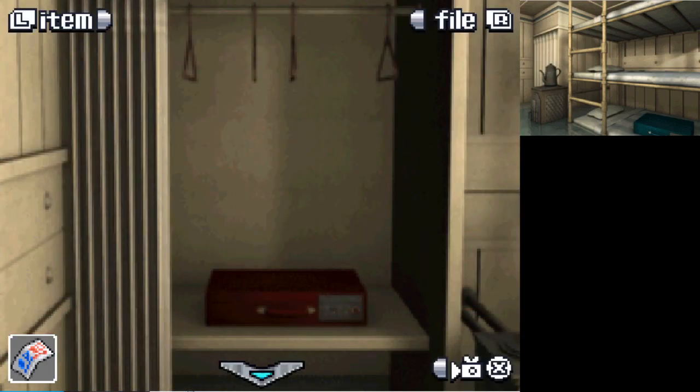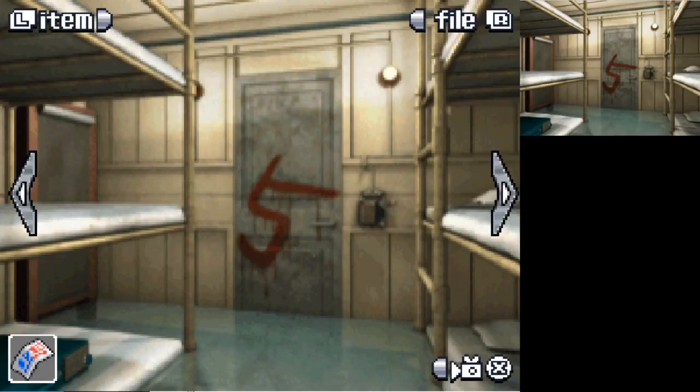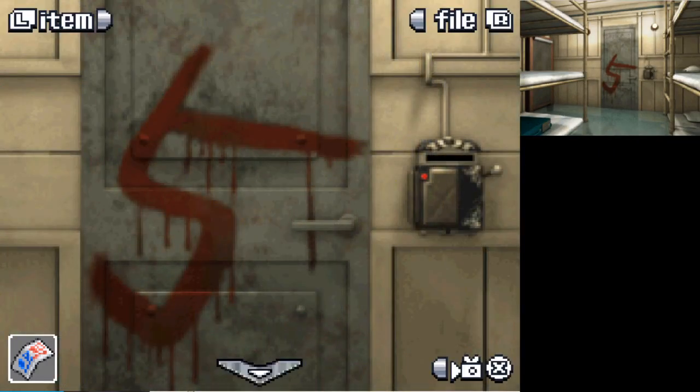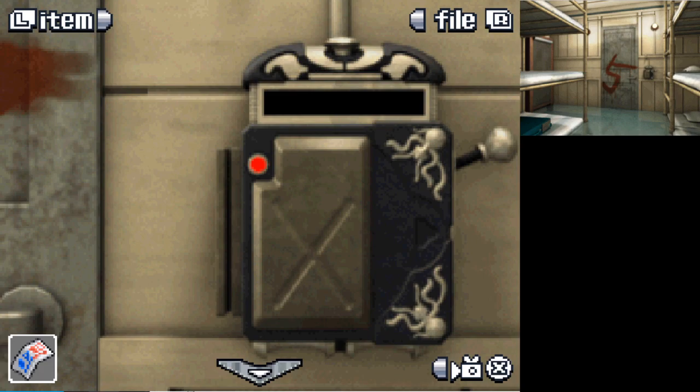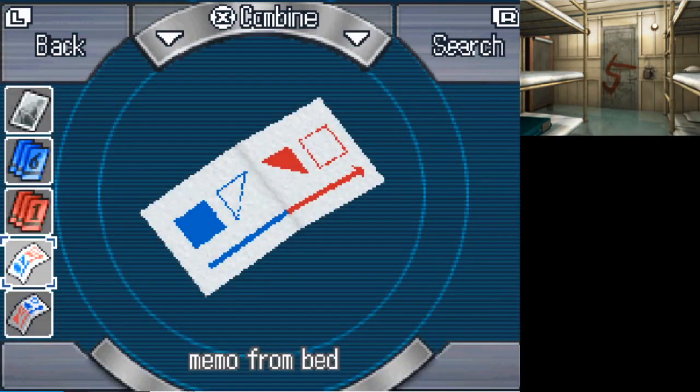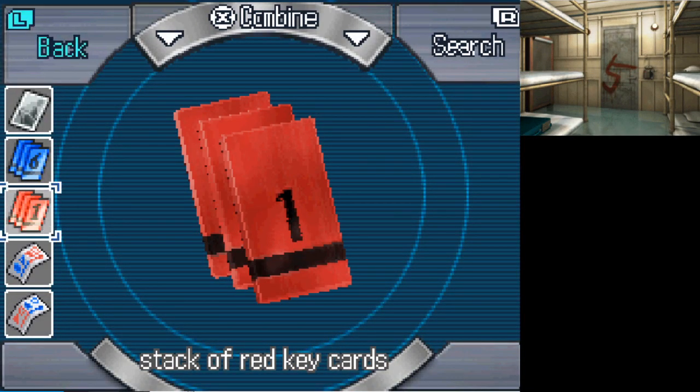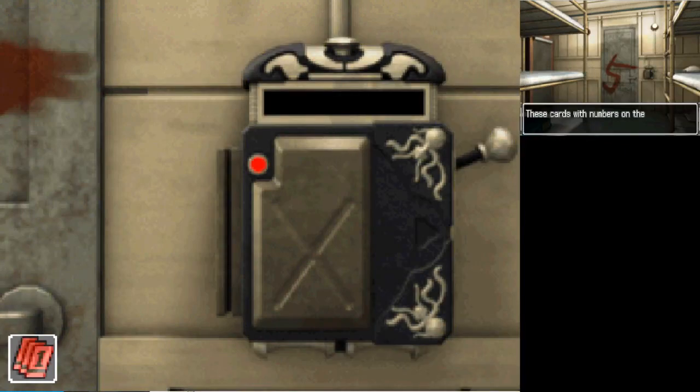Alright. Now I think that's everything in this room. So, let's go over to here. Cards with the numbers on them. Pretty sure this is where I'm supposed to use them. Alright, let's slide this card and see if it works. And... Huh?